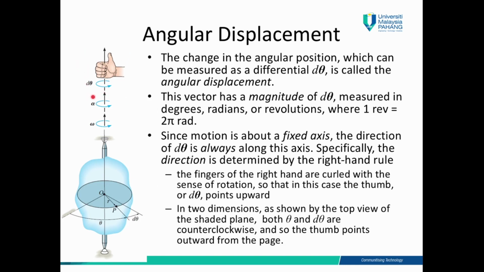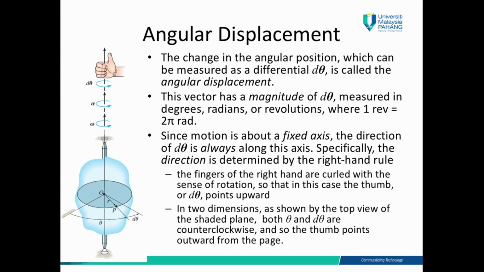In this case, we also define the direction of our angular displacement as pointing upwards. In two dimensions, if for example both the angle and the angular displacement are counterclockwise, the thumb will be pointing upward from the page.